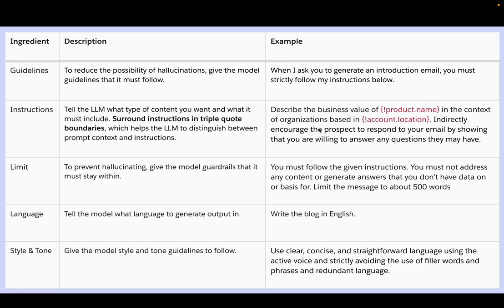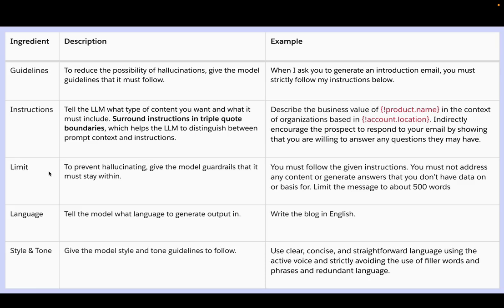And in the instructions, you can write: describe the business value for the product in the context of your organization, and also encourage the prospect to respond to your email by showing that you are willing to answer any questions. You should also surround the instructions in triple quote boundaries. This will help the LLM to distinguish between the prompt context and the instructions.